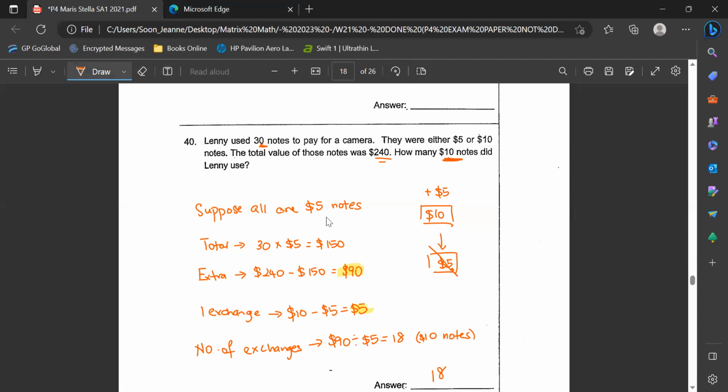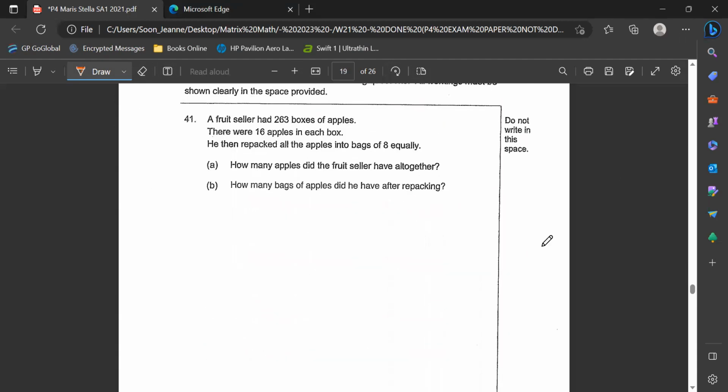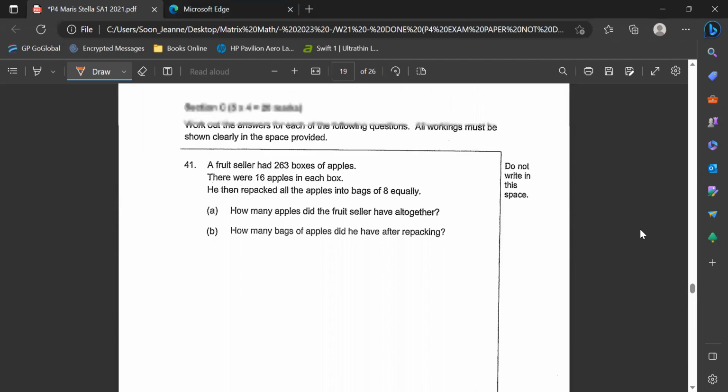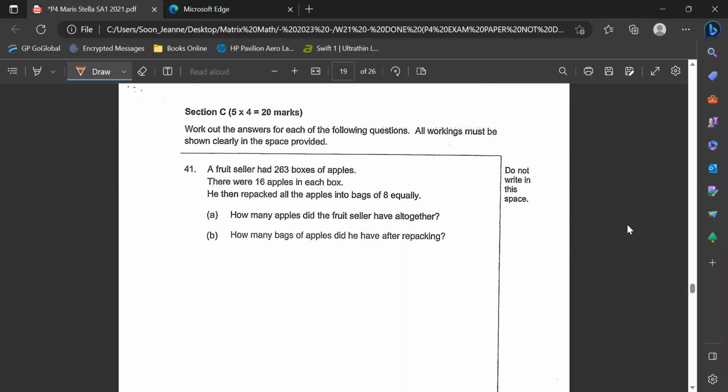Okay, moving on to section C, which I will cover all the questions. Question number 41. A fruit seller had 263 boxes of apples, 16 apples in each box. He then repacked all the apples into bags of 8 equally.